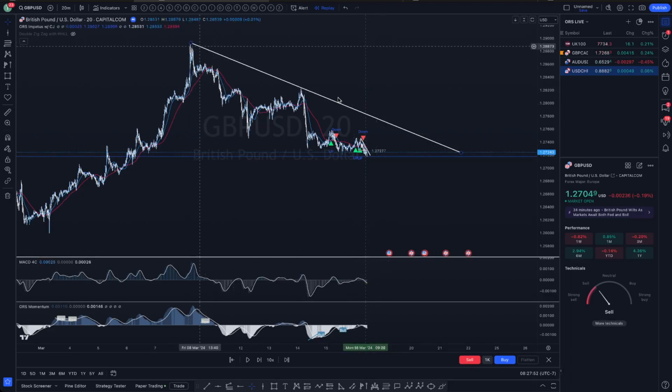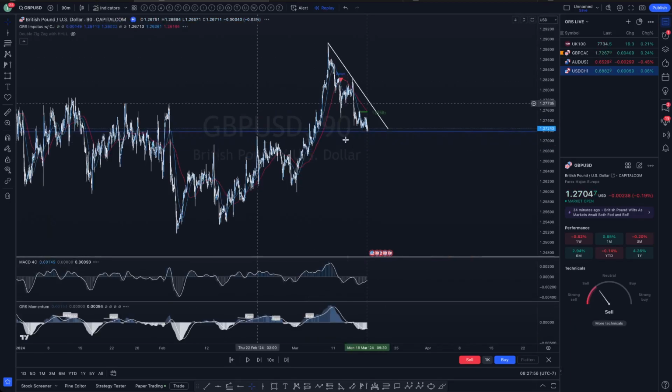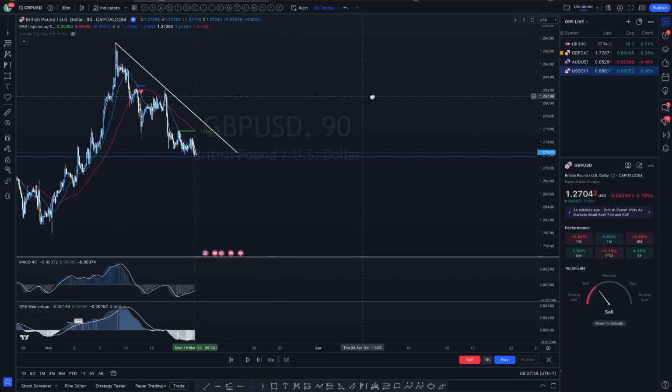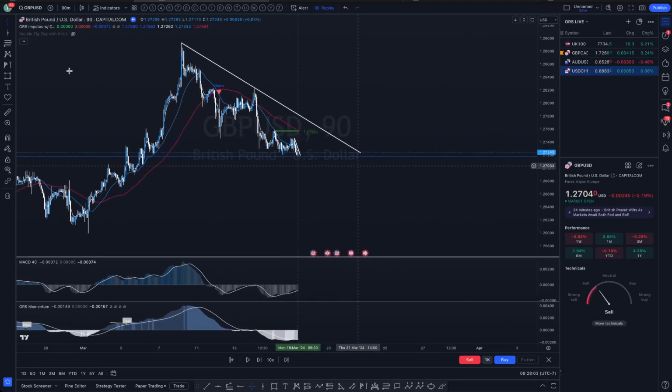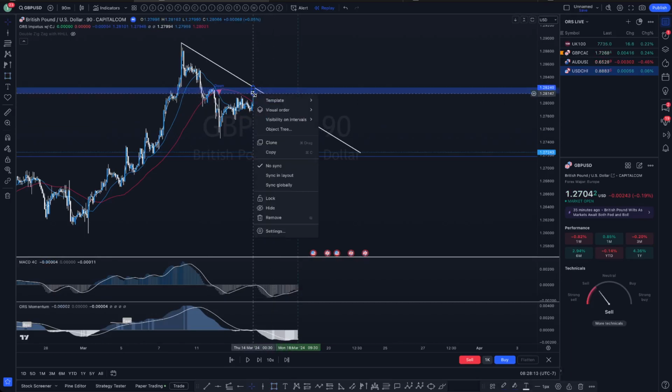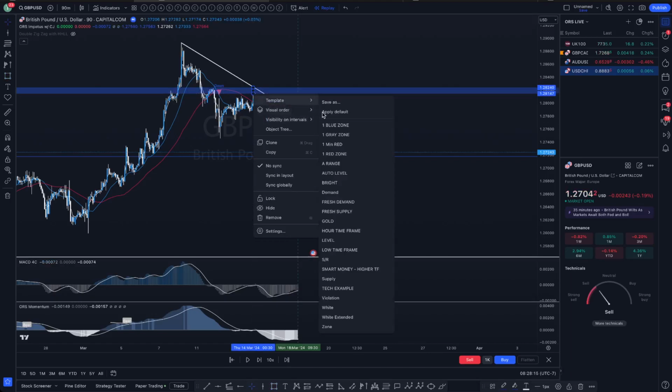Actually, this is a larger piece here, 90 minute. And as I always explain to you guys, you want to trap the higher time frame first, then make your way down. So when we look at this, it's showing the impetus level here. I would say it's here initially, and that's more of a fractal level.